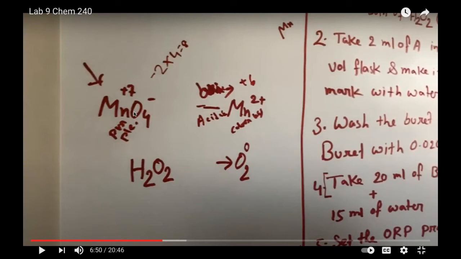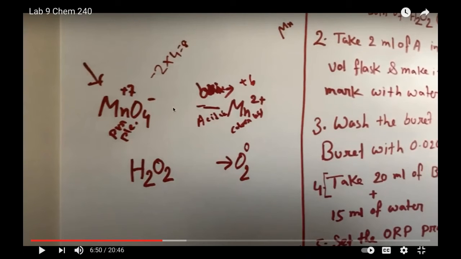Try to understand. That's why we normally use KMnO4, because even in the basic medium we can detect it: it becomes purple to green in a basic medium, and purple to colorless in the acidic medium.